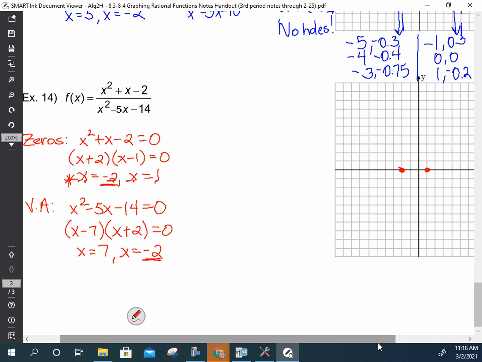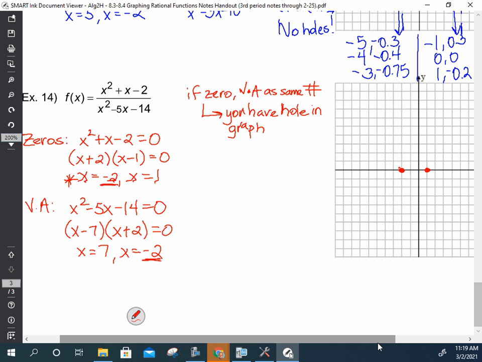So if you have a zero and a vertical asymptote as the same number, you have a hole. You have a hole in the graph.